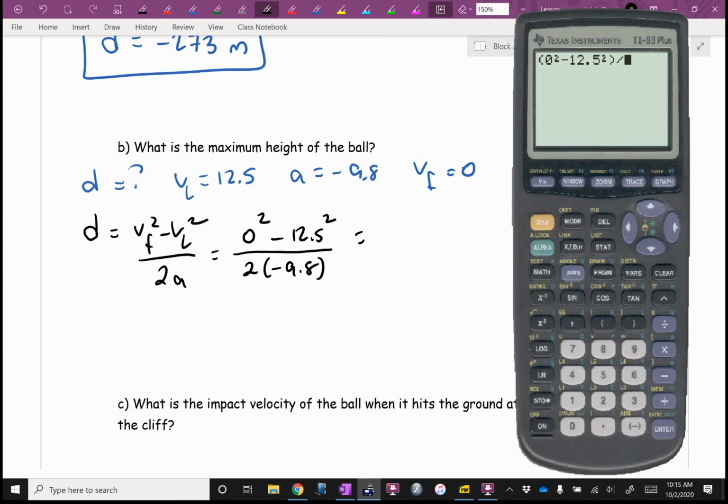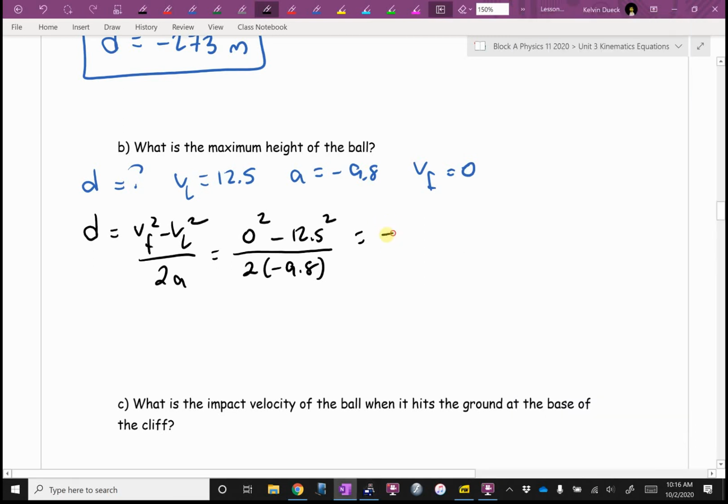By the way, Prabnur, are we expecting a positive or a negative displacement right now for this one? Did you all get 7.9719, 7.97? And this is wrong.